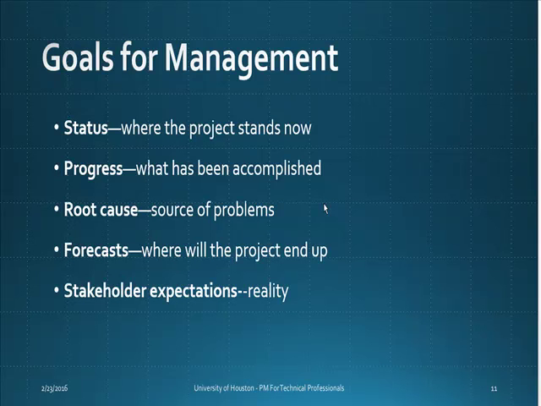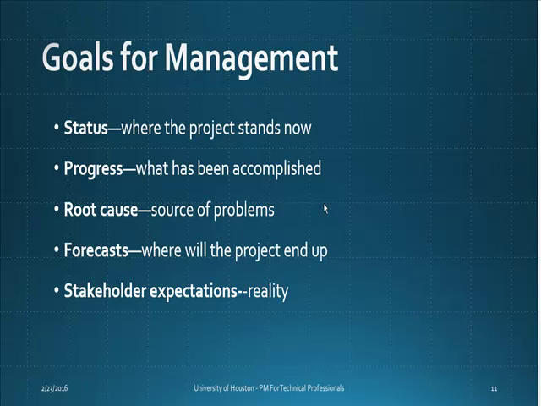Looking at what management is interested to know, they are interested to know what the status is, how much progress I'm making, and if there are problems, figure out what the root cause is and try to fix those problems by looking at the root causes, and then know where it's going to be 6 months, 2 years, or 5 years down the road.